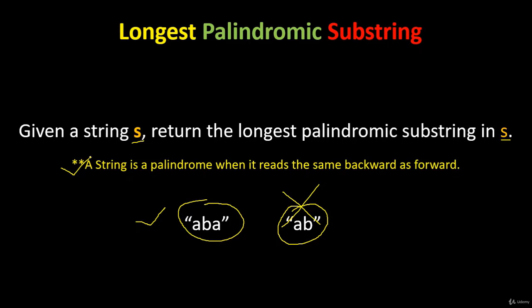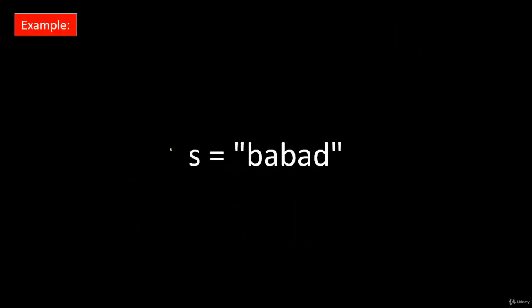Now let's take some examples. If you're given string equals to BABAD, you have to find the longest palindromic substring. So in this string, BAB is the longest palindromic substring, or we can say ABA is the longest palindromic substring.